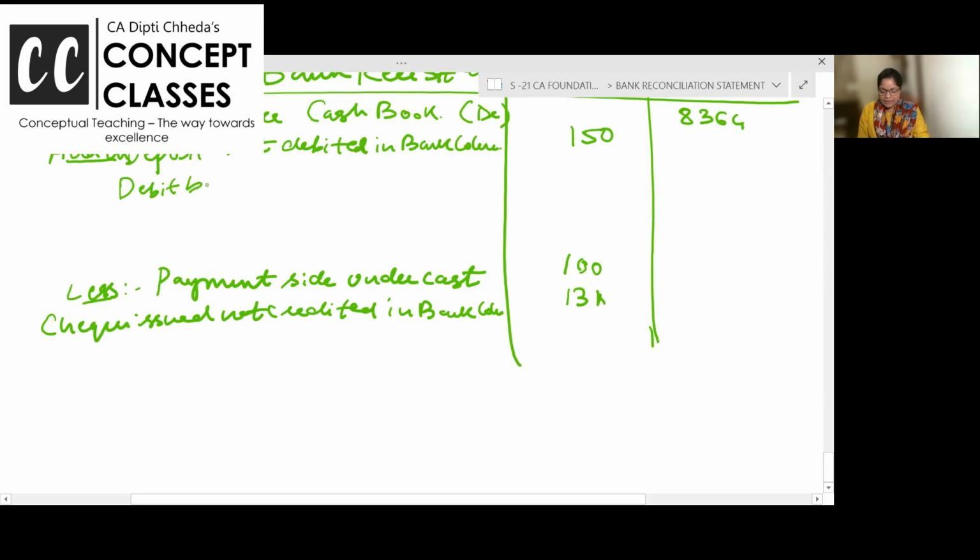Debit balance wrongly recorded. Now you debit twice. 1526 into 2 is 3052. Correct. Debit 3052.